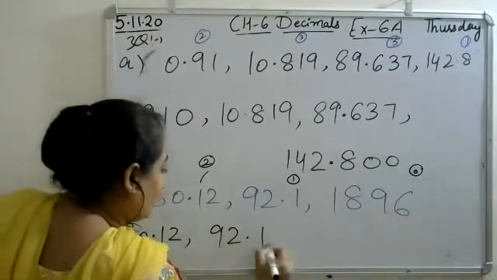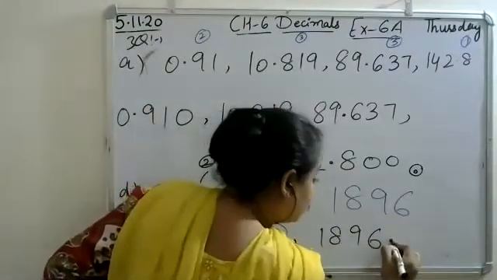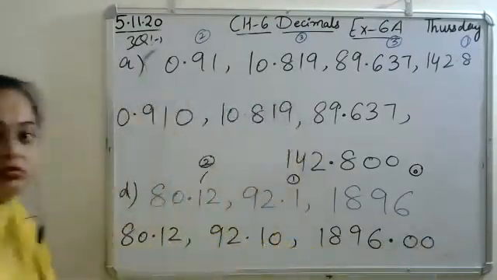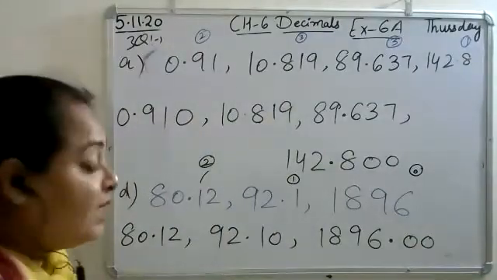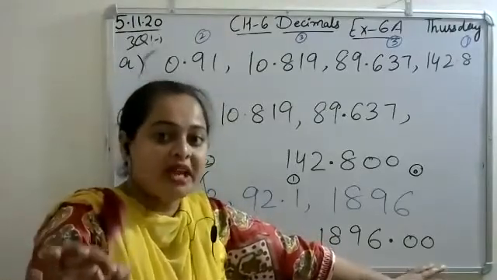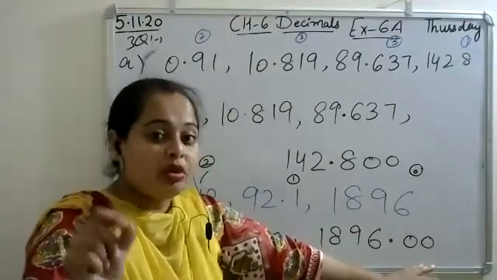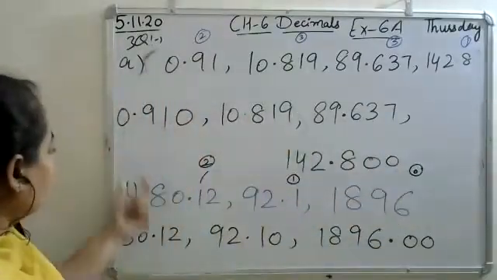92.10 and 1896.00. Any modification if you want to make, then make that modification on the right hand side, no modification on the left hand side.